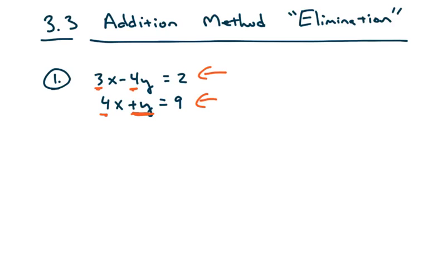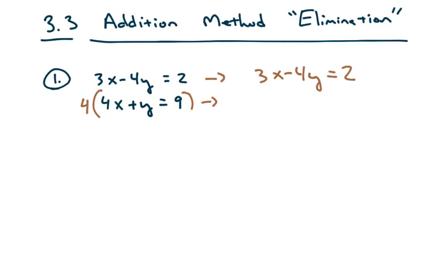So let's do that. Let's multiply the bottom equation through by 4, and we'll just rewrite the top one as is, but the bottom one's now going to become 16x plus 4y equals 36. I haven't changed the equation except for amplifying everything by a factor of 4.